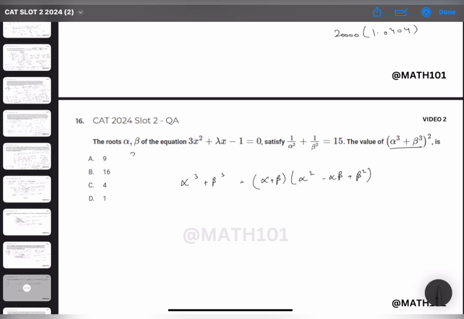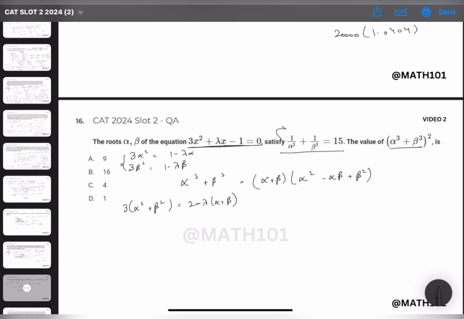Also, if alpha is a root, we have 3 alpha square equals 1 minus lambda alpha, because alpha satisfies this equation. Similarly, 3 beta square equals 1 minus lambda beta. Adding these two, we get 3 times alpha square plus beta square equals 2 minus lambda times alpha plus beta.